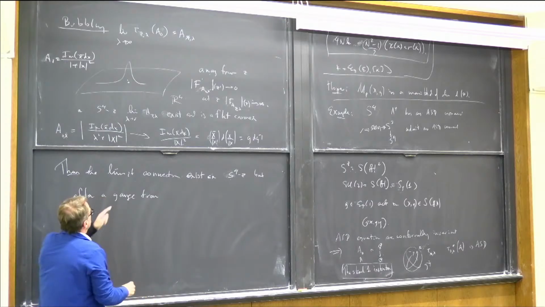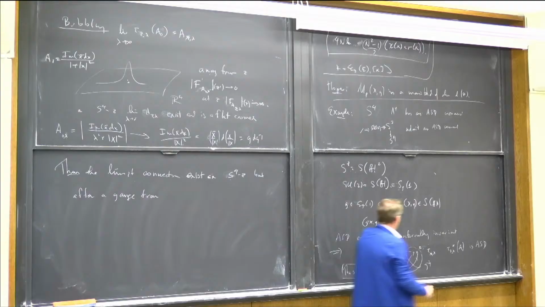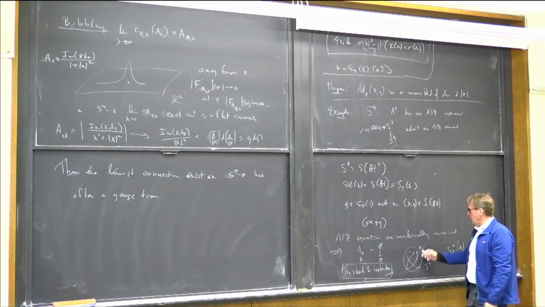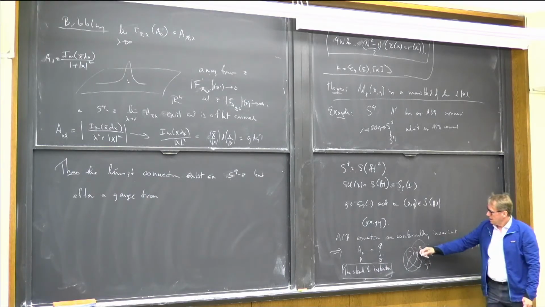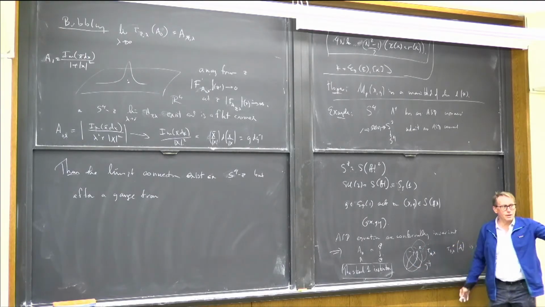Z is 0. I mean, Z is some random point on the sphere. Remember, this guy is defined by taking this random point on the sphere, identifying the sphere minus its antipodal point with R4 and scaling.